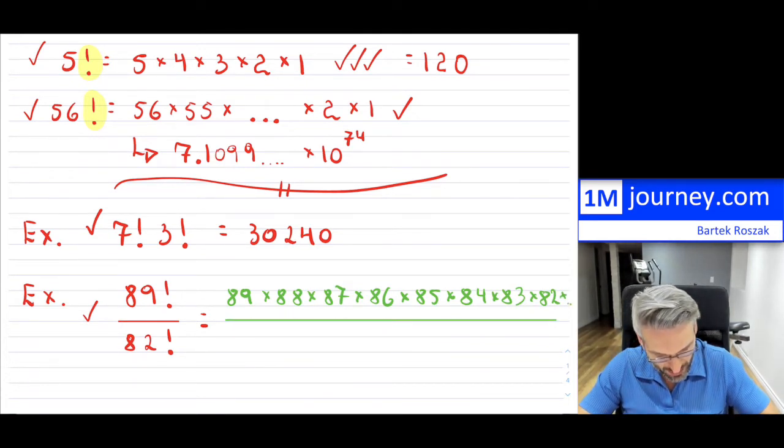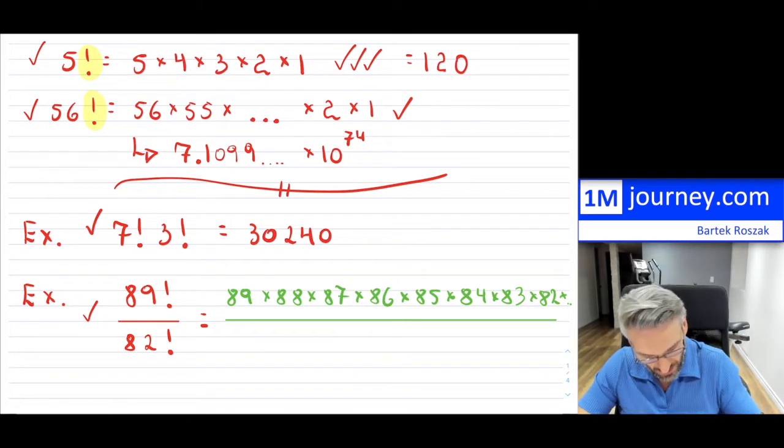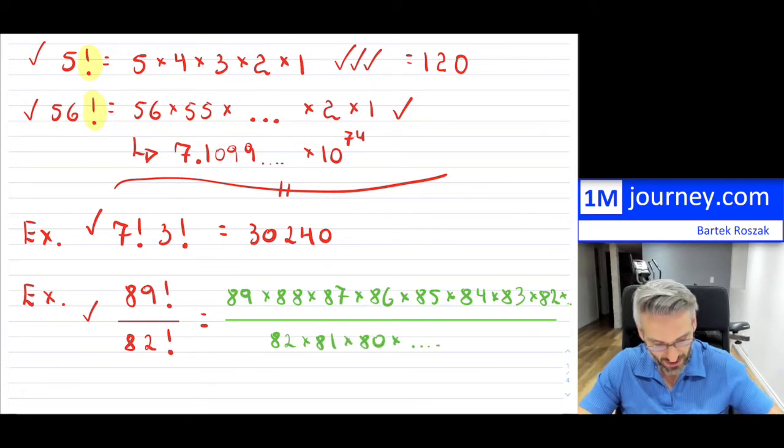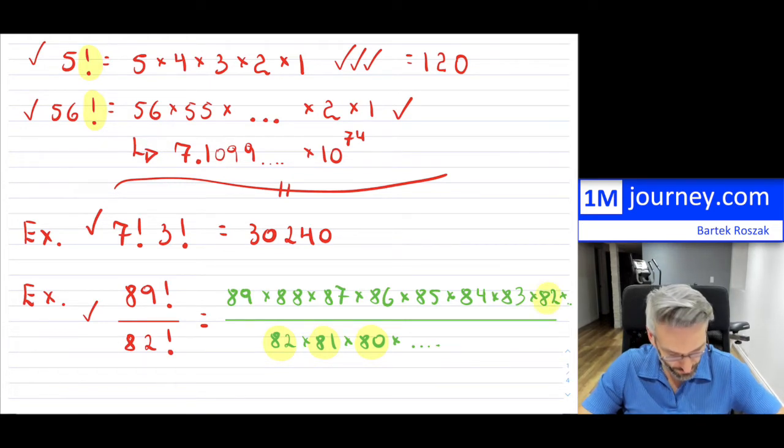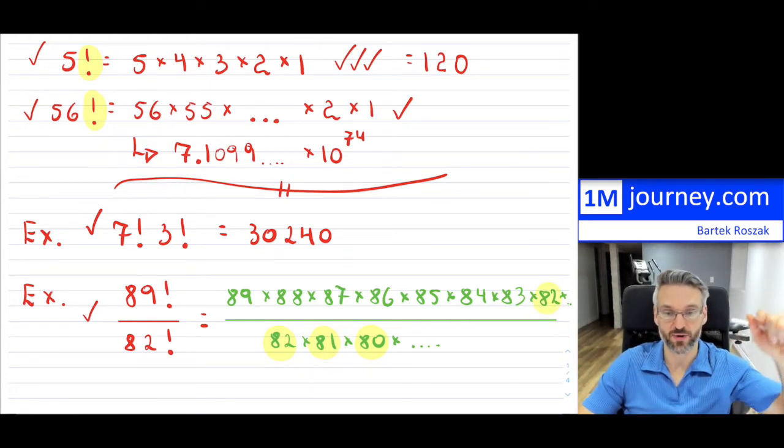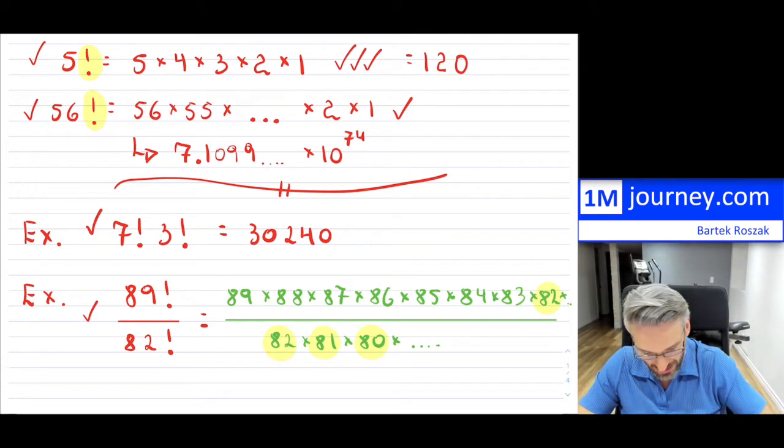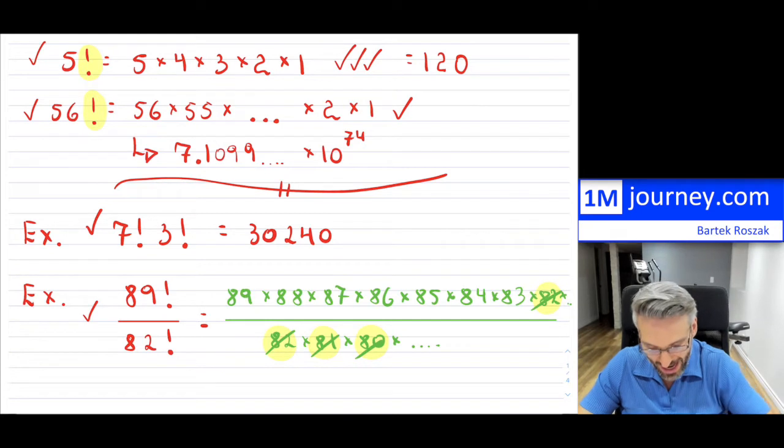However, notice that in the denominator, the 82 factorial would have started at 82 times 81 times 80, and so on. And notice that these will actually cancel because you also have them on top, right? Now, I didn't write them because I ran out of space, but these will simply cancel each other off, okay? So all you have is just the multiplication of these.